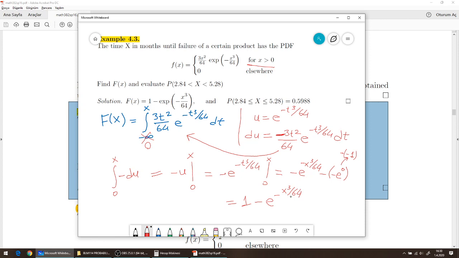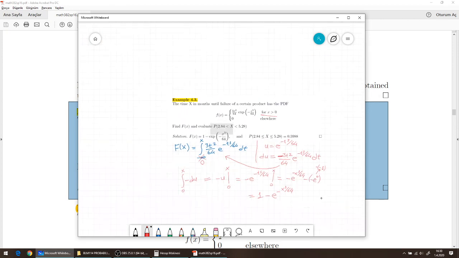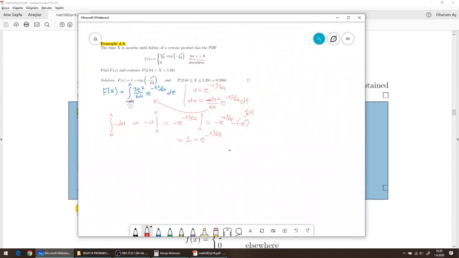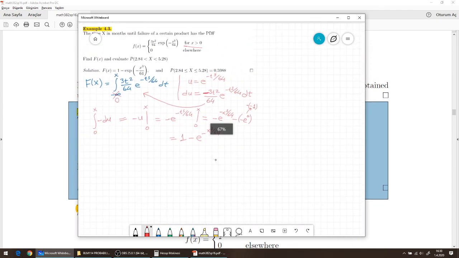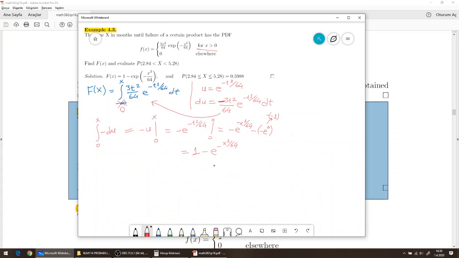So if we want to find this probability, we put uppercase F of the upper value minus uppercase F of the lower value, and it will give you the same.